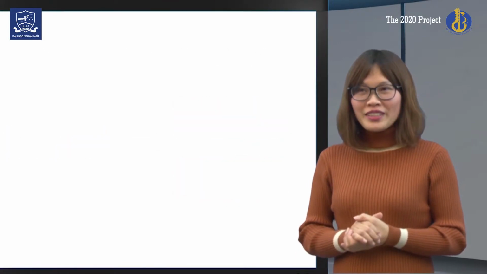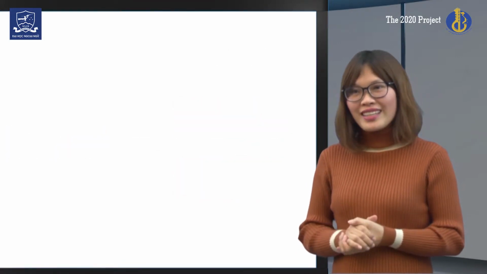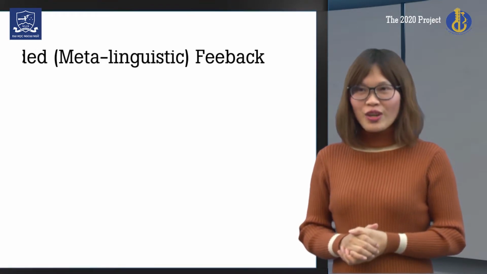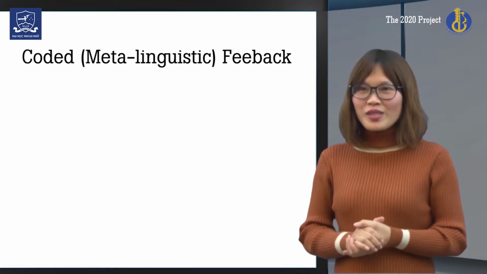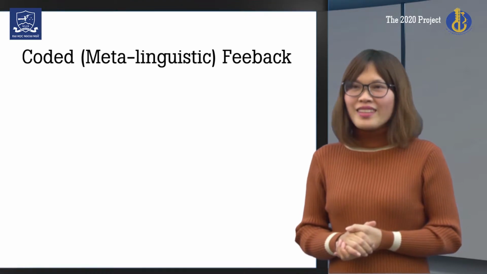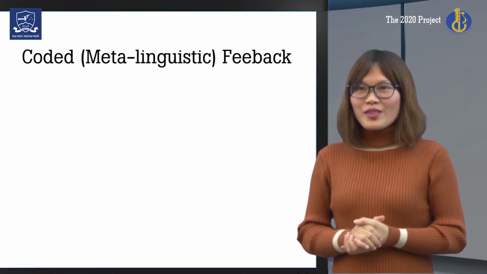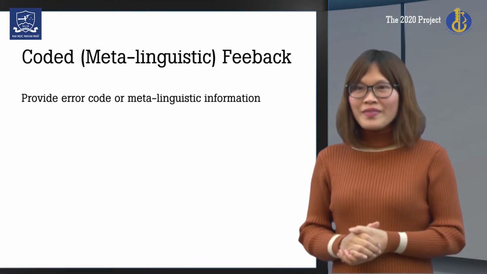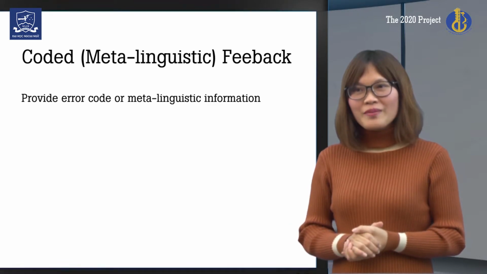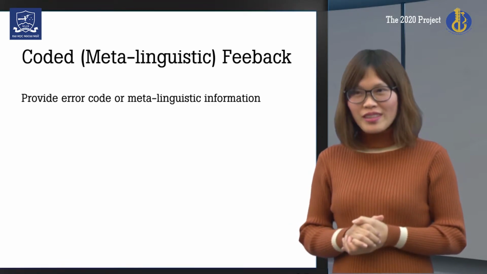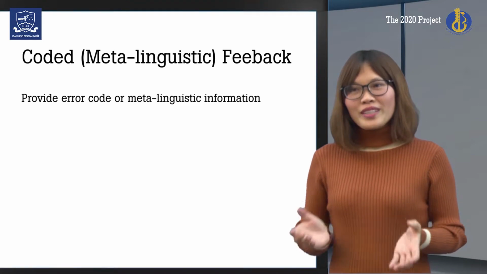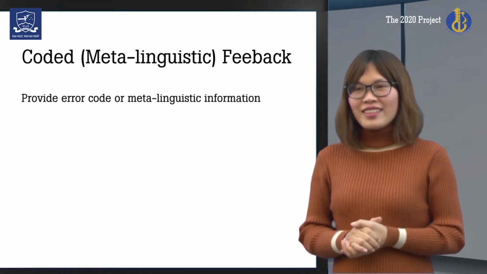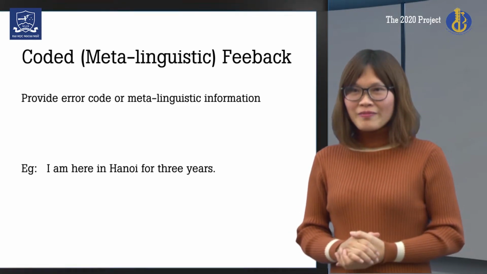One way of helping learners with indirect feedback is using the correction codes or meta-linguistic correction. So what you are going to do is not just highlight for them that they have made a mistake, but tell them in meta-linguistic language what kind of mistake they have made. Look at the example again.